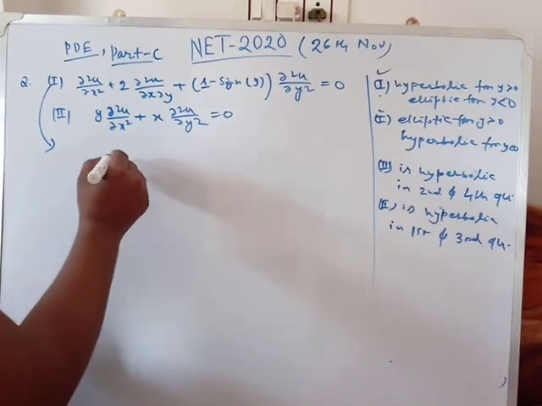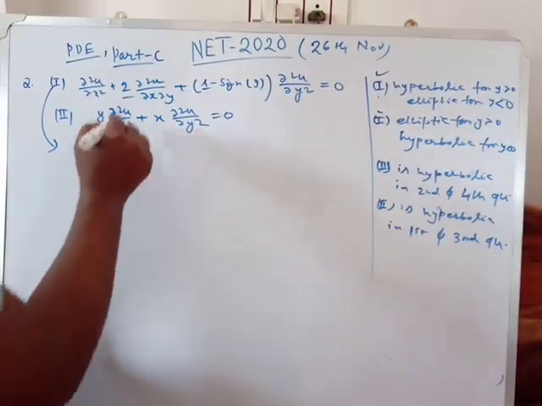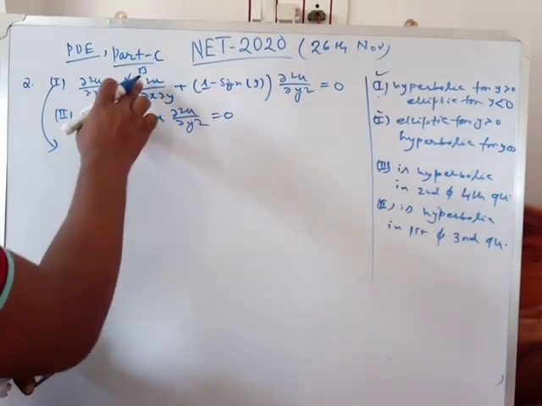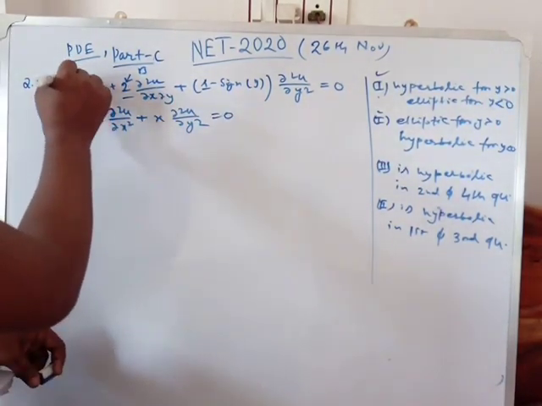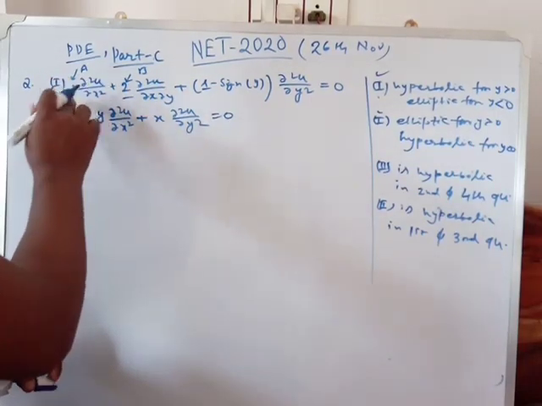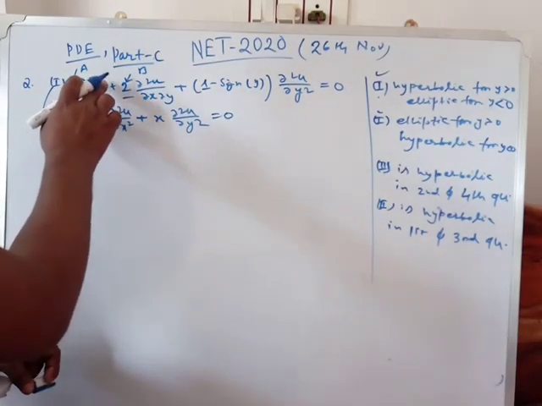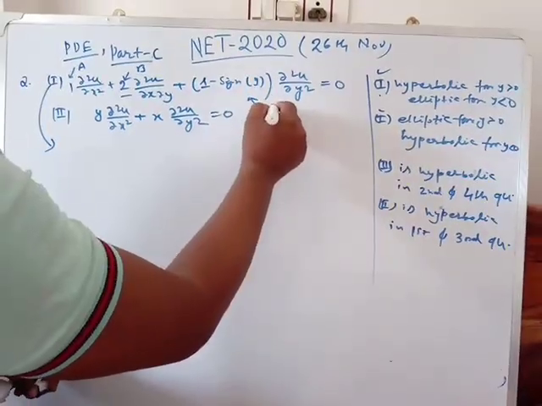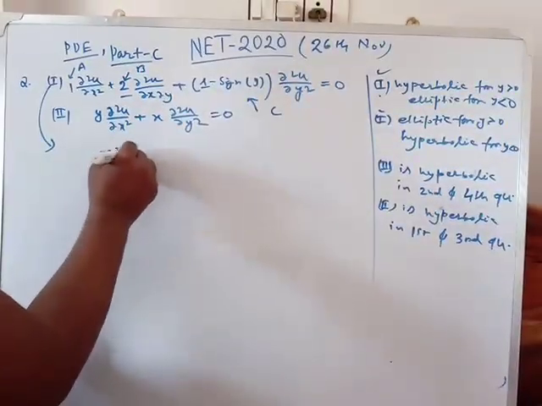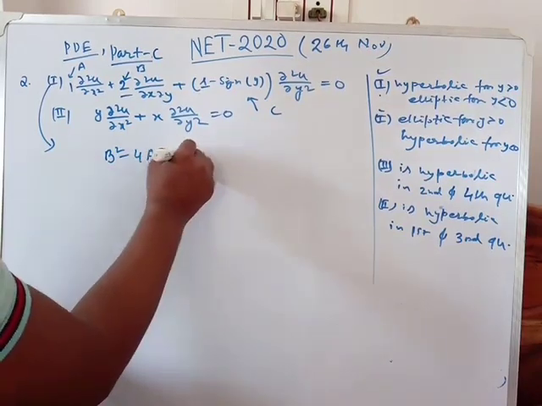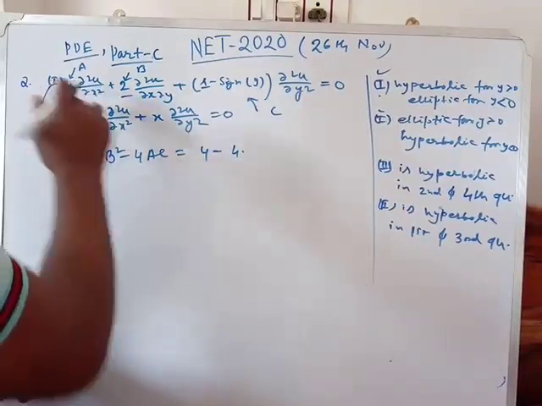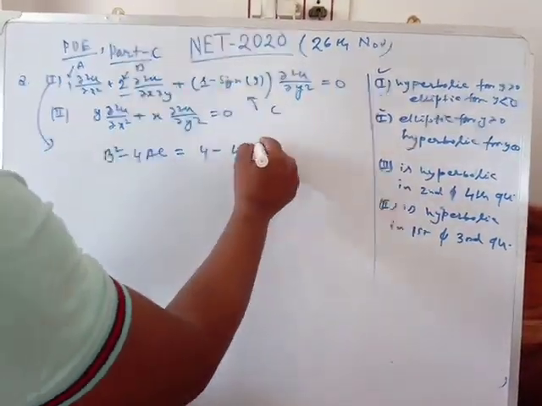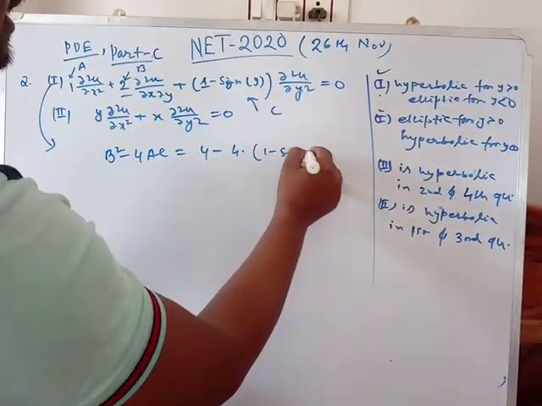So we observe for the first differential equation, that is b square minus 4ac. This is b, the coefficient of del 2u del x del y, and the coefficient of del 2u del x square is a, and this coefficient is c. So b square minus 4ac equal to 4 minus 4 into a, here 1, and c equal to 1 minus signum of y.